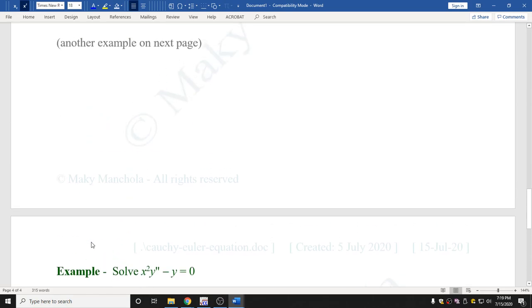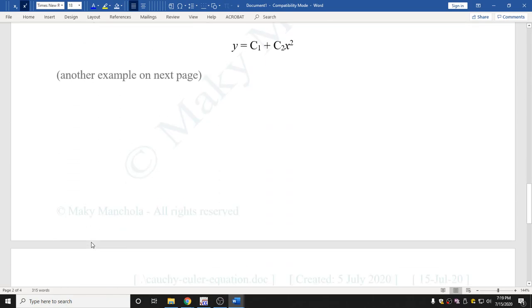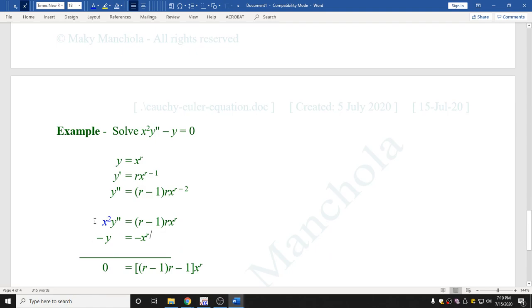As in our previous example, since y is assumed to be a solution, when I form the combination x squared y double prime minus y, I should get 0. So when I combine x squared y double prime minus y, I should get 0.